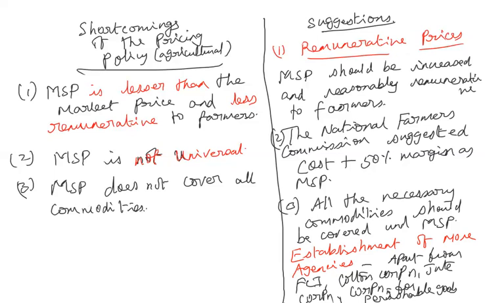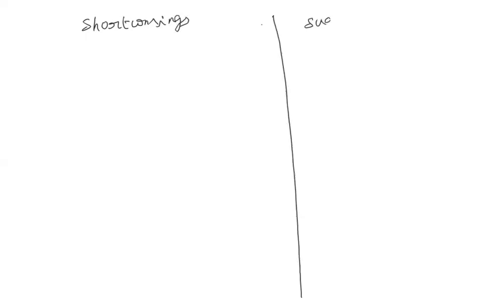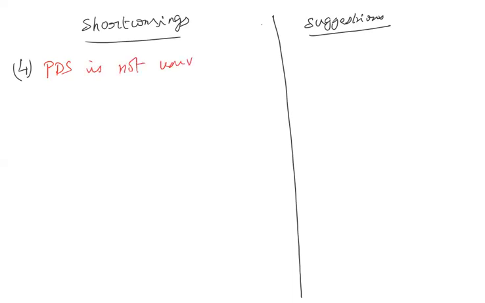Then the next criticism is against the way in which the public distribution system is operating in our country. Again, shortcomings and suggestions. One thing is the public distribution system is not universal.